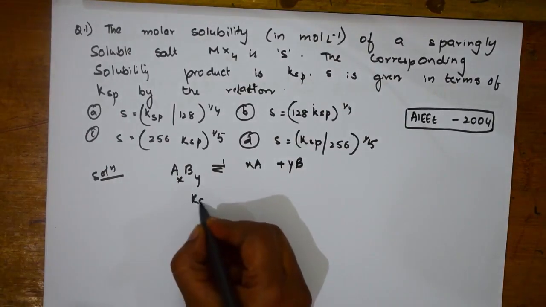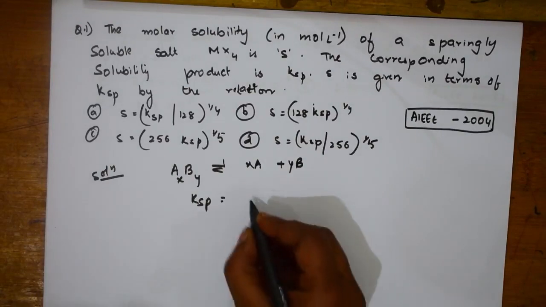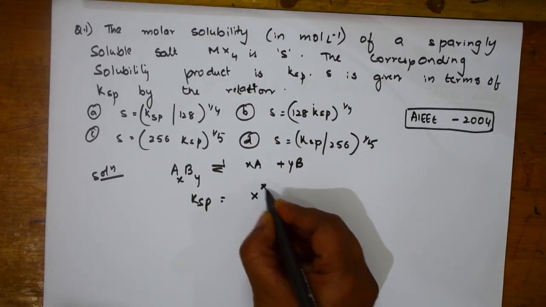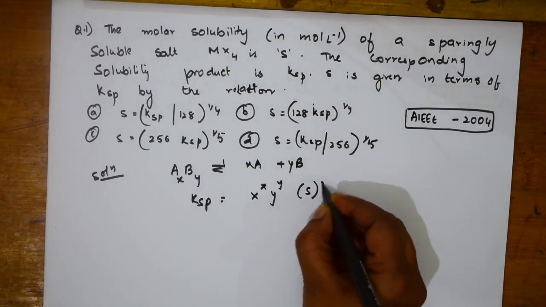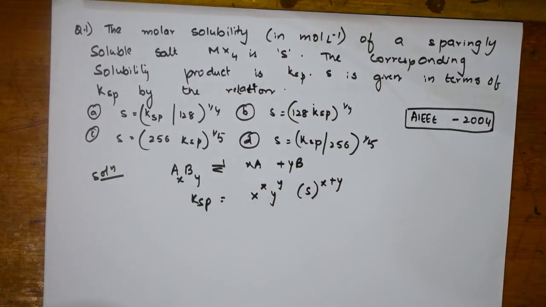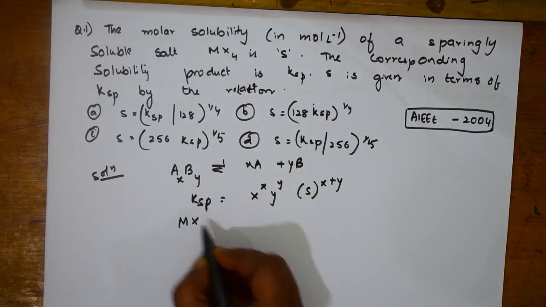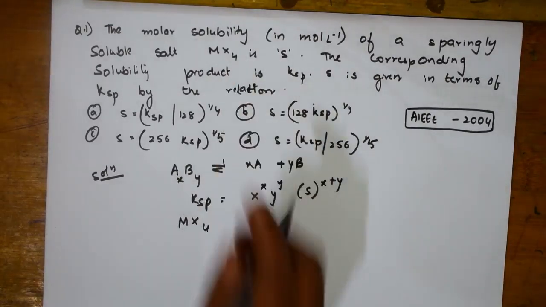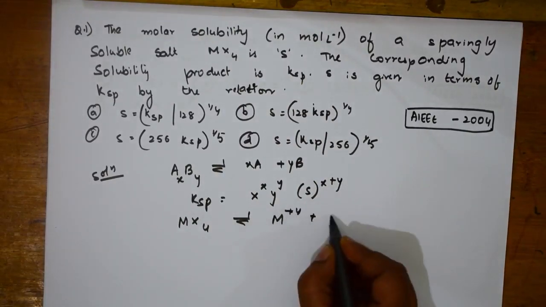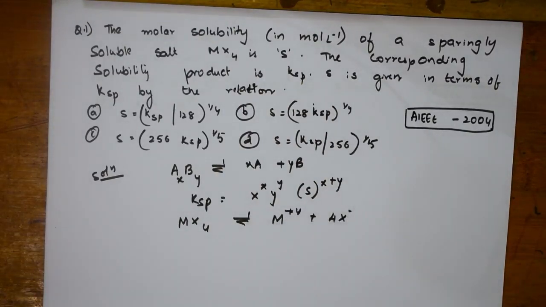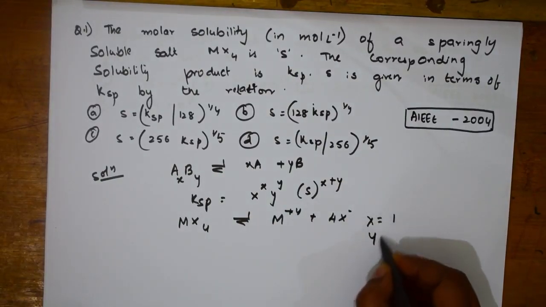Now, the solubility product, as we have defined, is x raised to the power of x, y raised to the power of y, S raised to x plus y. Now let us take MX4, which they have given us. This dissociates into M plus 4 and 4X minus. Here x is equal to 1, y is equal to 4.